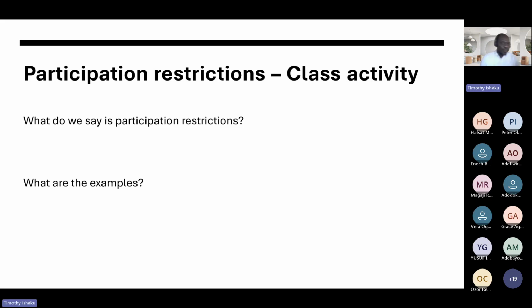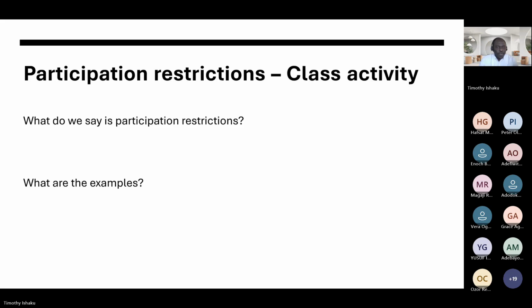We said the examples of participation restriction are work and employment, unable to return to the previous job, the difficulty even finding employment, or community life, unable to join social events and community activities like playing with friends, or continuous schooling, family social roles.